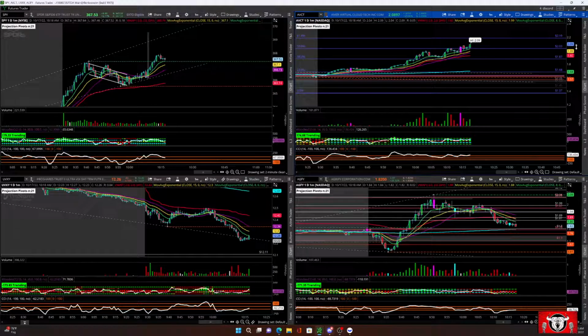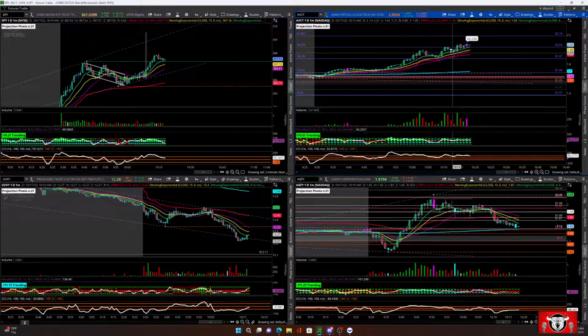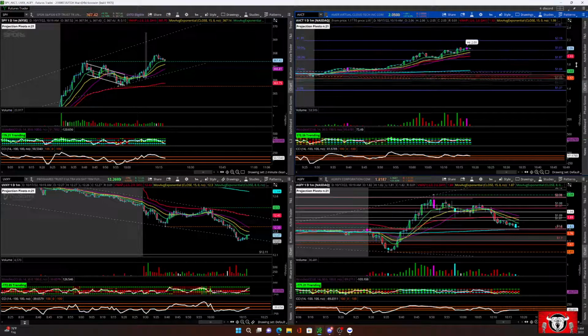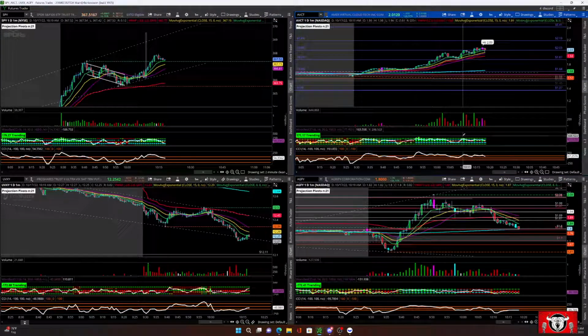Look at this push. Look at this push. It didn't come down, but where did it come down? Broke that $2 level, just came down to the 9. It didn't even go down that far. Now it's not moving huge amounts, but it barely reached the 8 period.